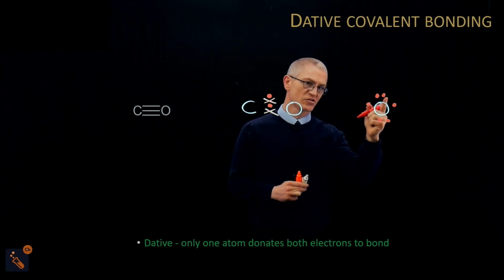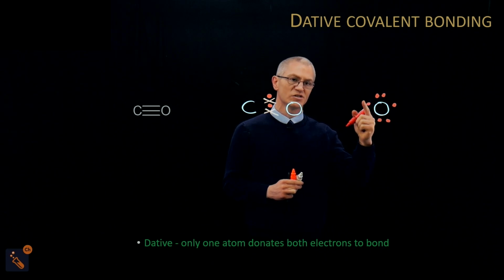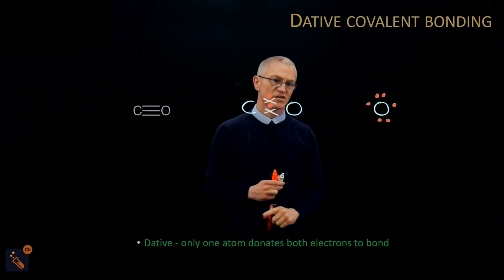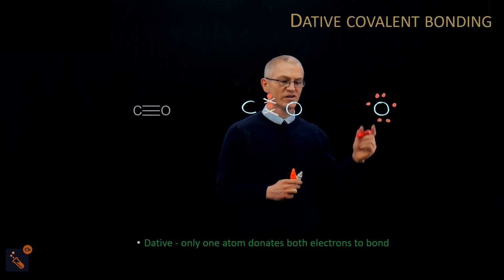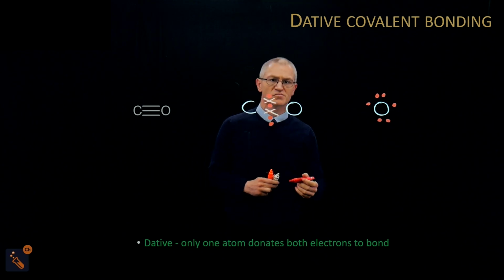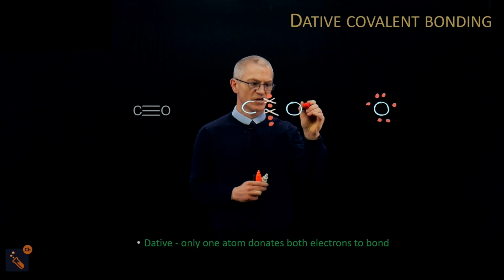Now, these pairs are called lone pairs because they're not normally involved in bonding. So when you get a dative covalent bond, it's because a lone pair is donated, and that's a pair of electrons. So that pair of electrons is donated into the center, which leaves a pair of electrons here.